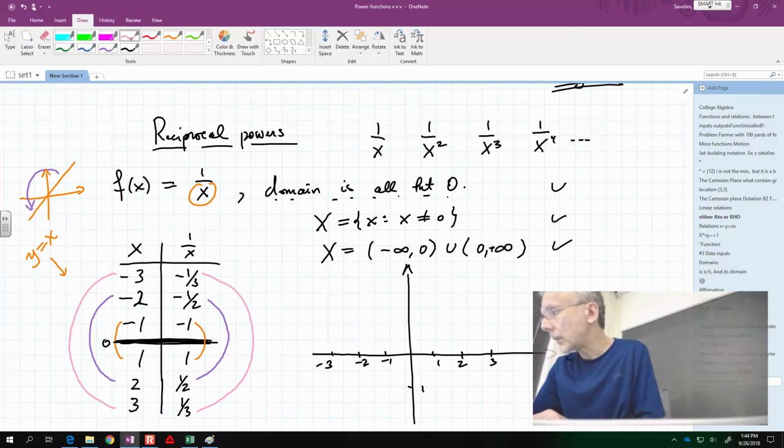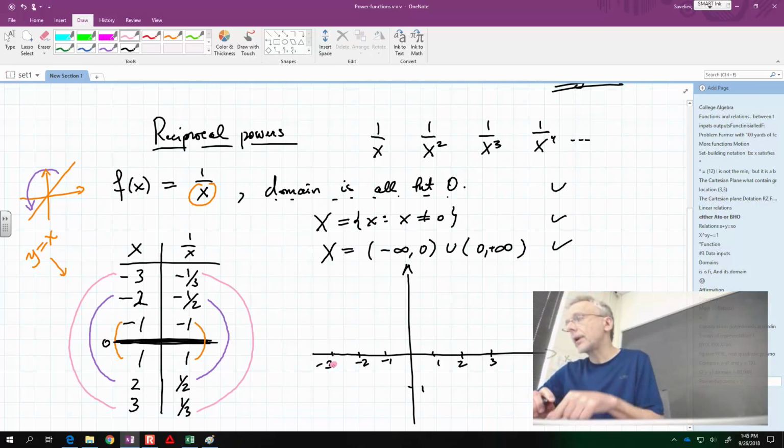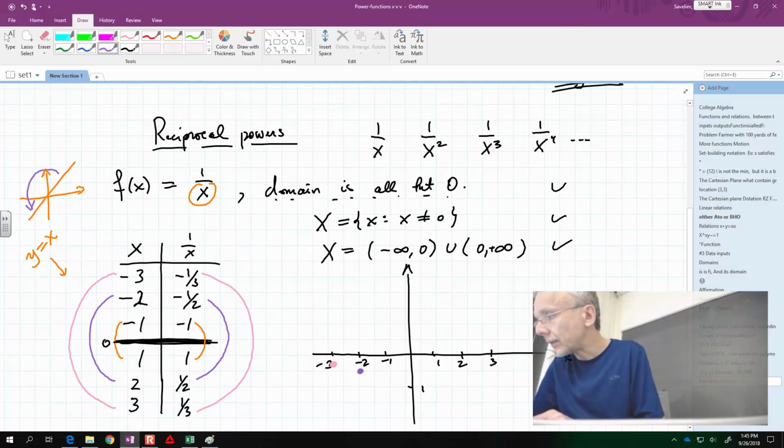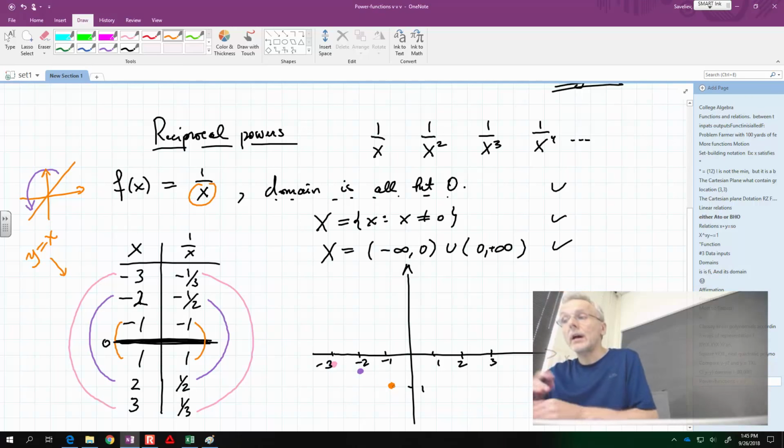So I'm plotting the very first point, -3, -1/3. I'm here somewhere. The second point is -2, -1/2. It's over here. And finally, -1, -1. It's here. Okay, and then everything else is in the bottom half of my table.